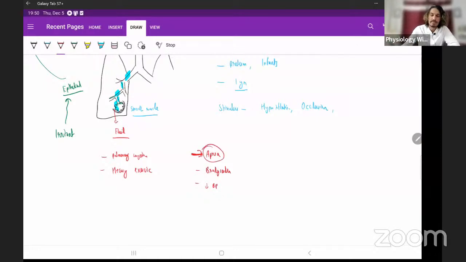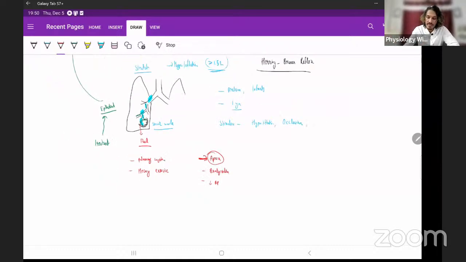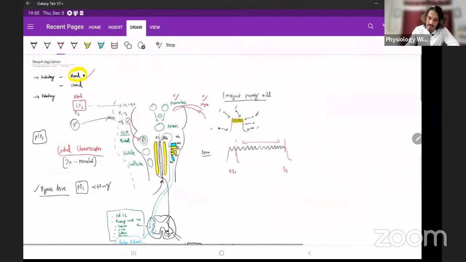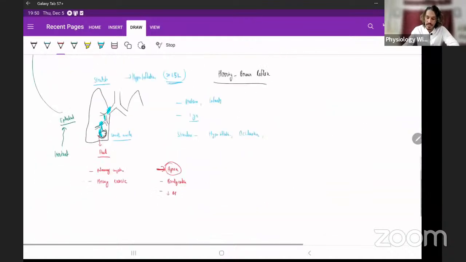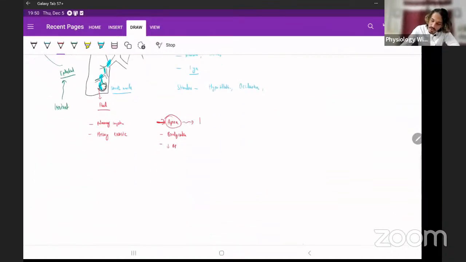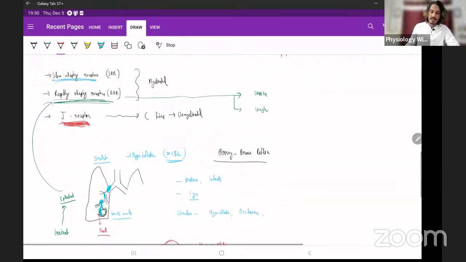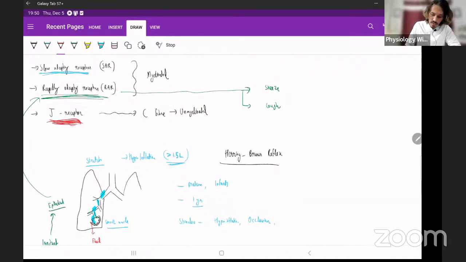Now, because apnea happened for a long time, there will be a buildup of PCO2. That buildup of PCO2 will now be detected by the central chemoreceptors to trigger a rapid inspiration. Apnea followed by a hyperventilation. So this is what happens as a result of activation of J receptors, and even for that matter, your rapidly adapting receptors.